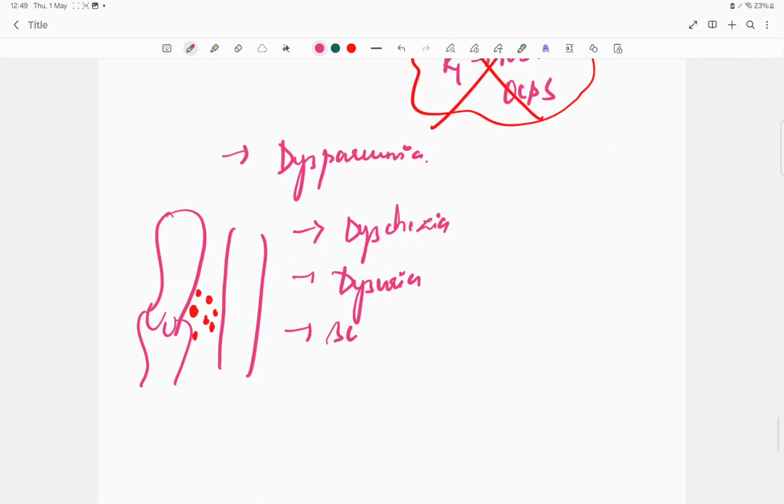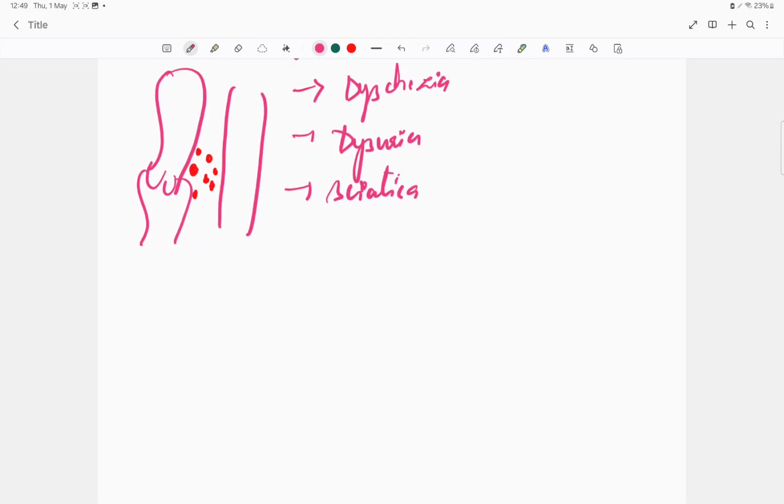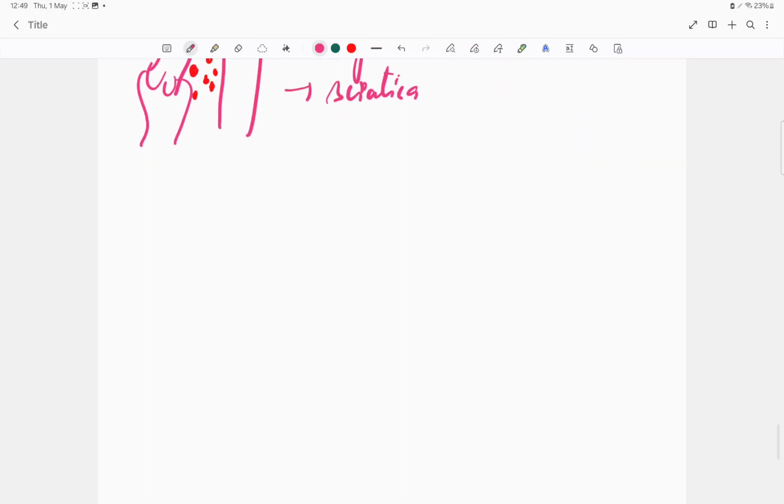Okay, and then sciatica. Sometimes endometrial tissue even involves the sciatic nerve. That's why there is sciatica. And this is the first symptom I told you. What is the second thing? Infertility. Infertility can be seen.